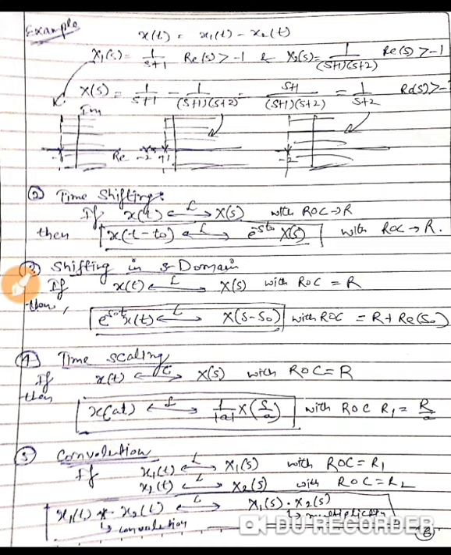The next property is convolution in time domain. It is a very important property that we use in digital signal processing to analyze a signal in frequency domain and in time domain. If two signals are in convolution in the time domain and we take the Laplace transform, it would simply be a multiplication in the s domain or frequency domain.